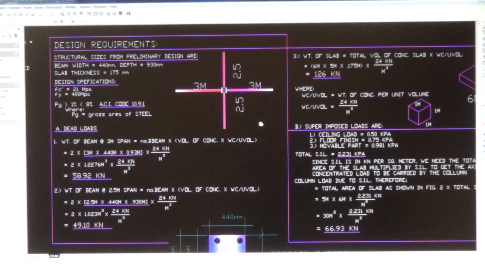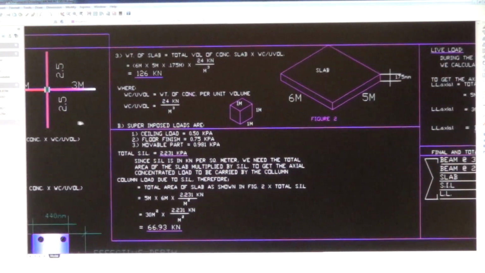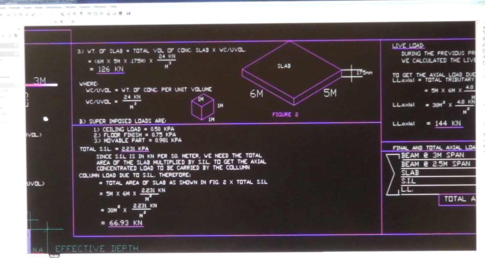Now let's go to the slab load. Number 3, the weight of slab is equal to the total volume of concrete slab times the weight of concrete per unit volume.